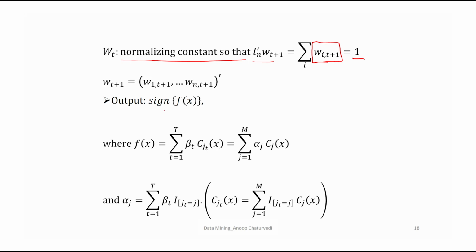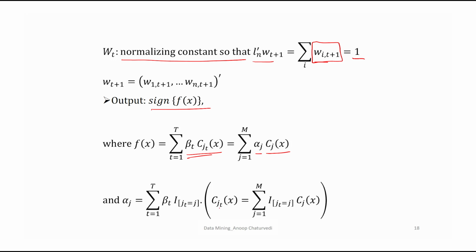Now, your output signature is f(x), where f(x) is equal to summation t equal to 1 to capital T of beta_t c_{j_t}(x). And then this is equal to summation j equal to 1 to capital M of alpha_j c_j(x).